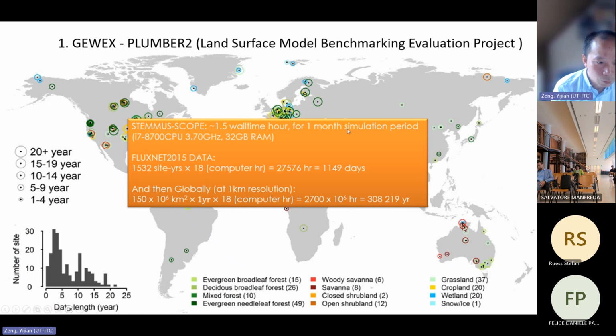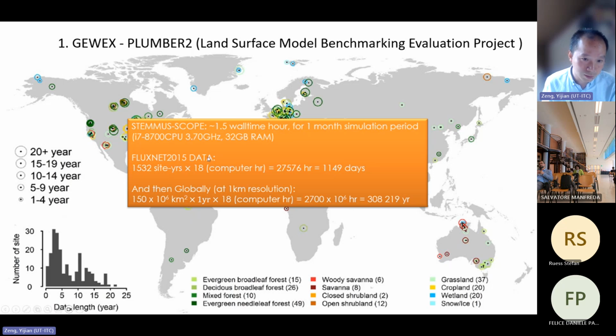Using the STEMUscope model on a relatively high-end laptop, we need to spend 1.5 hours for a 1 month simulation period. If we translate this computational cost to run 170 sites, it is more than 3 years, about 1,150 days or so.